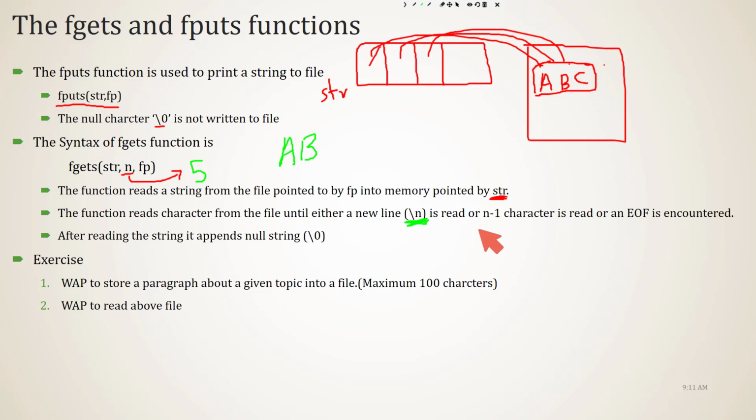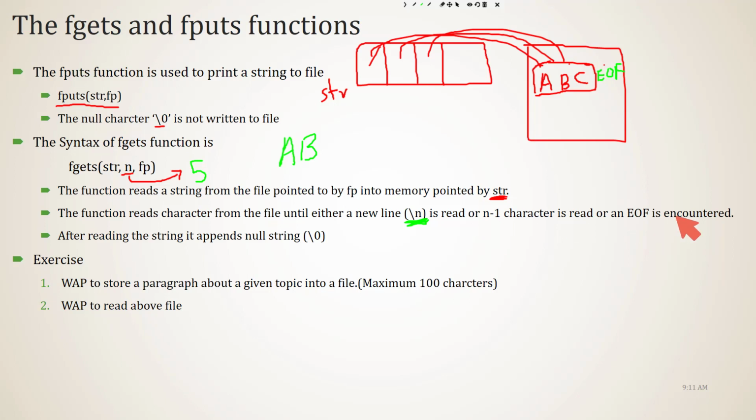At that time what happens? After ABC there will be EOF. So the third condition will work. The function reads characters from the file until either a new line, there is no new line, is read, or n minus 1 characters are read. Here n is 5. I only read 3 characters, so that condition is also not reached.